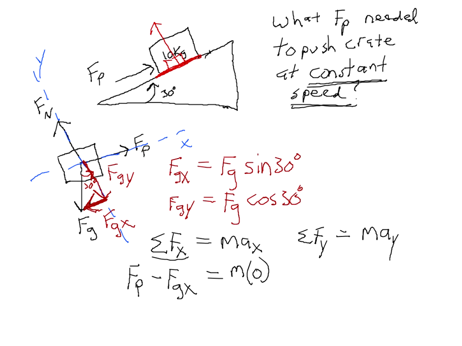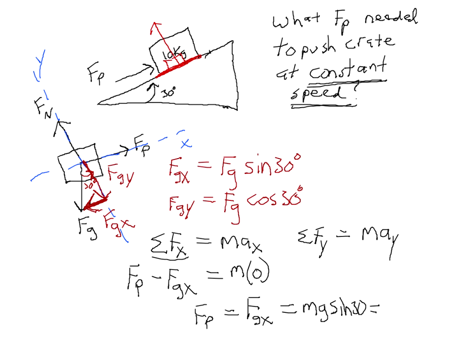In other words, adding FGX to both sides, the force of the push that I need is equal to the x component of gravity. The x component of gravity is Fg, which is mg, times the sine of 30.